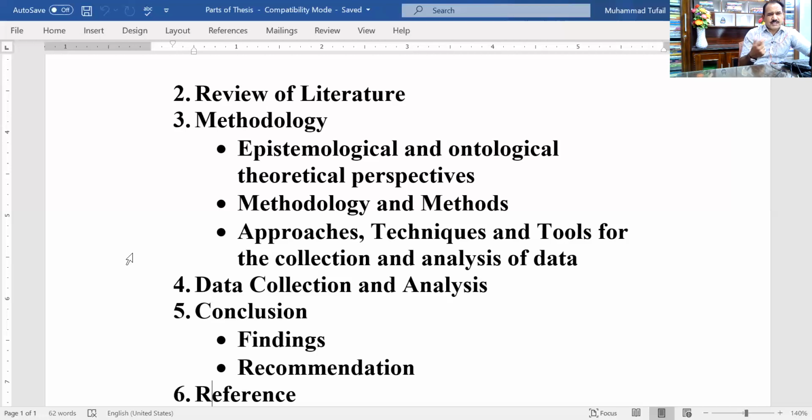The job of research is, number one, to solve any problem, number two, to answer any question, and number three, to add something new in the existing wall of knowledge. इल्म की दुनिया में कोई नई चीज ऐड करना. So if you are simply doing a replica, in the sense that it has already been done, it will not bring any positive change. It will not add something new.